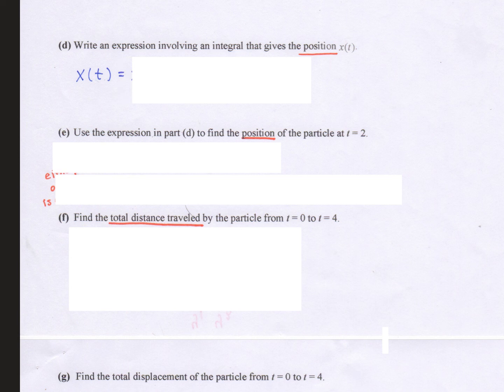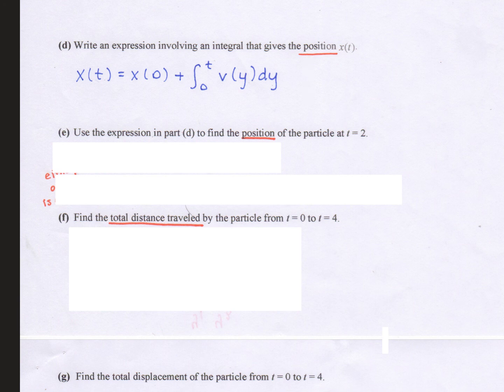At the very beginning of the problem I was told that x of 0 equals 7, so I start with x of 0 plus, now my integral is going to follow what I have here for my limits, so the 0 is my lower limit, the t is my upper limit, and what belongs as my integrand is the derivative of position, which is velocity. But since x is used here and t is used here, I have to pick a different variable to be the variable in v, so I just picked y. So this is our end position formula.